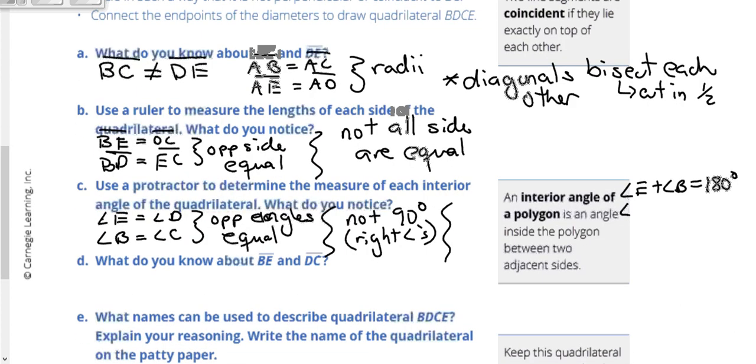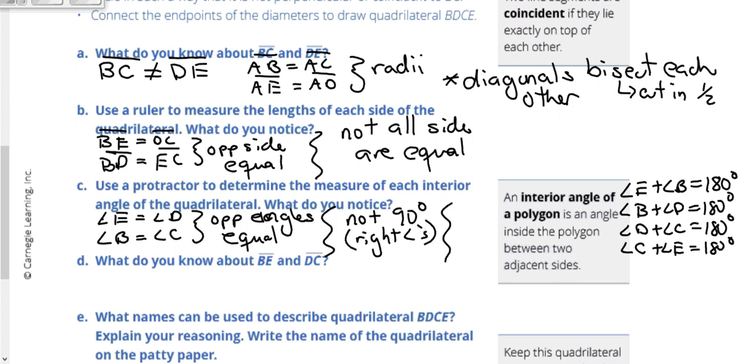Okay, and so let me get these written down here. So E to B, B to D is equal to 180 degrees. Angle D to C equal to 180 degrees. And angle C to E equal to 180.